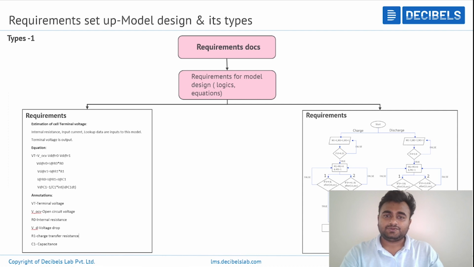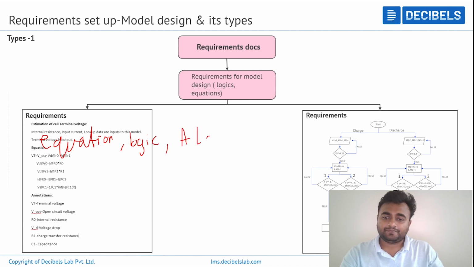So, the first one is when you want to represent the requirements which contain the design of your model, whether it be equations, or the logic of your feature or model, or it can be algorithms. All of these can be represented in the form of a written document or in a flowchart format.